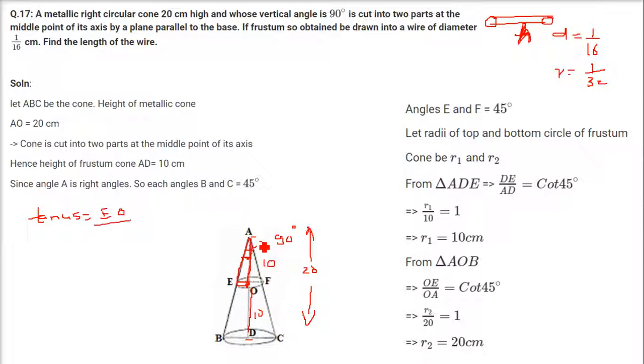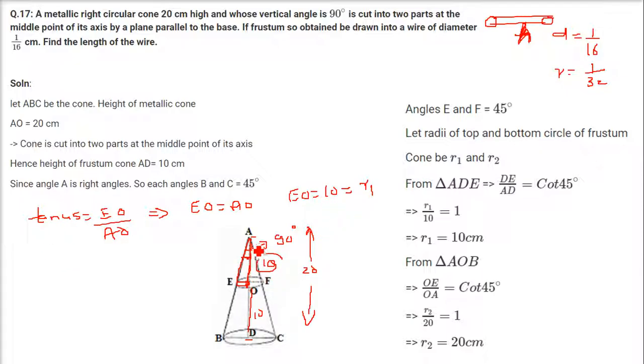EO perpendicular by base, that is this AO. tan 45 is 1, so we get EO equal to AO. And AO is what? 10, half of it. So this EO will be 10. That is our R1 or R2, whatever you say. Because you can take R1, R2, it doesn't matter.